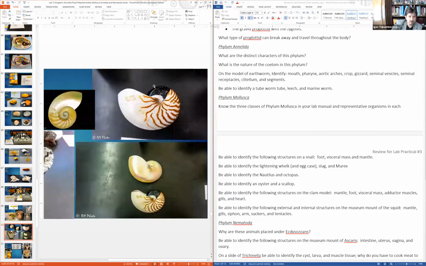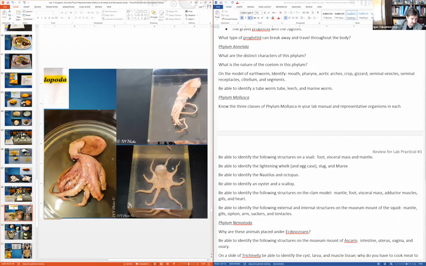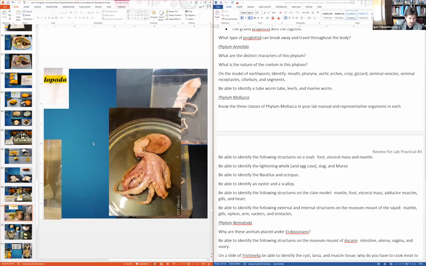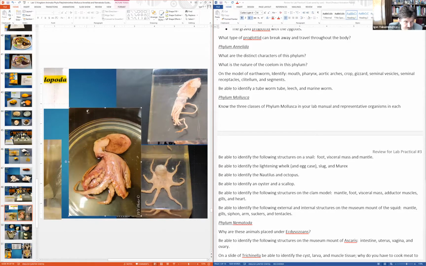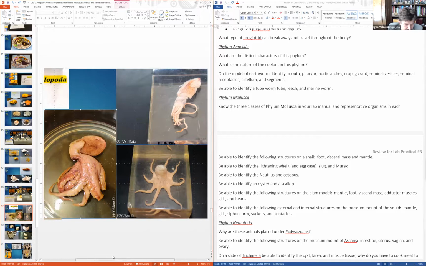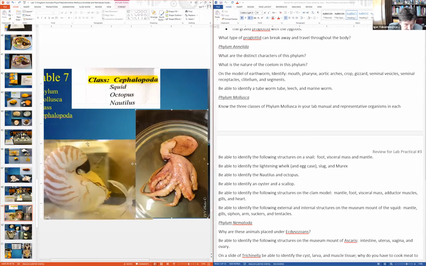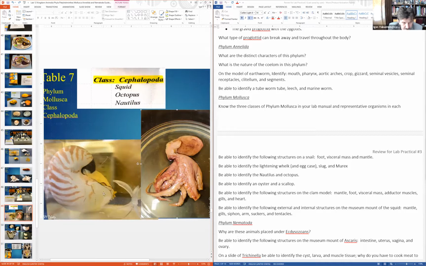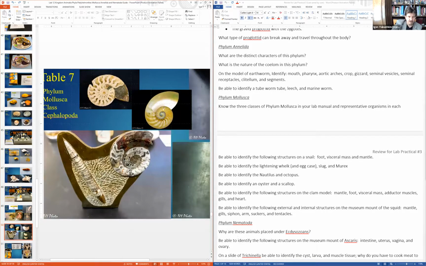The Nautilus has a very characteristic shell with lines and chambers inside, and here's the preserved one. You can see the same shell with the mollusk in there, and that's the fossilized nautiloids. We can see the round and straight shell.